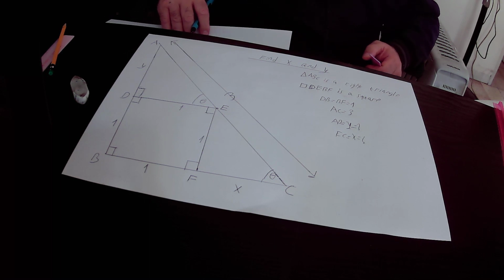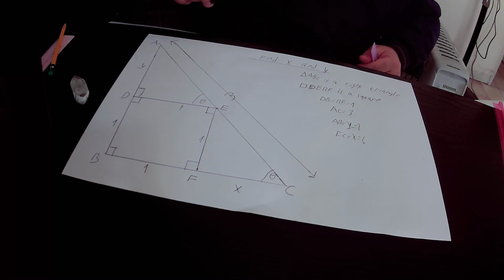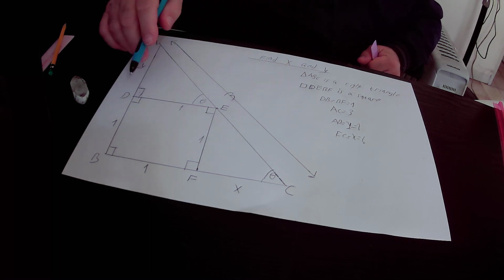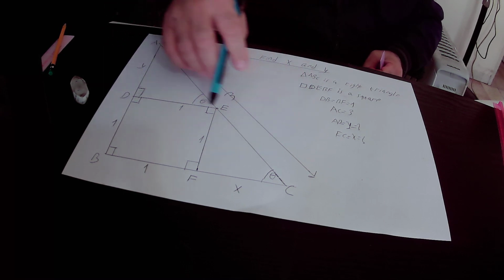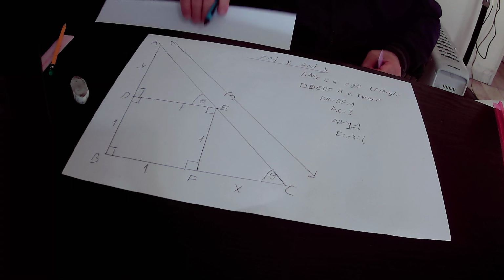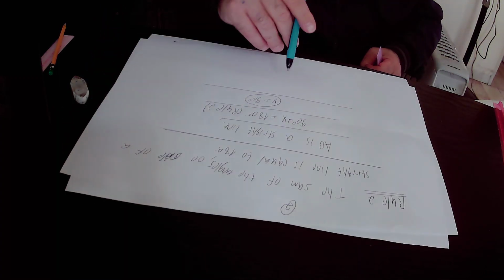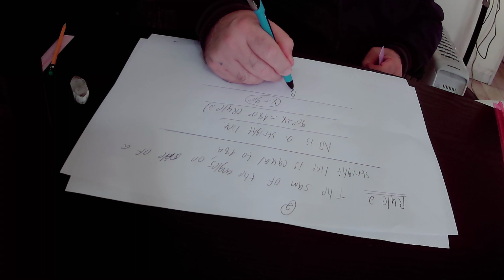Likewise, BC is one side of the right triangle ABC. Therefore, it is absolutely a straight line. I'll write it down that BC is a straight line.